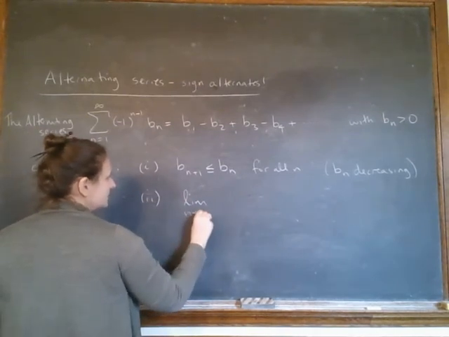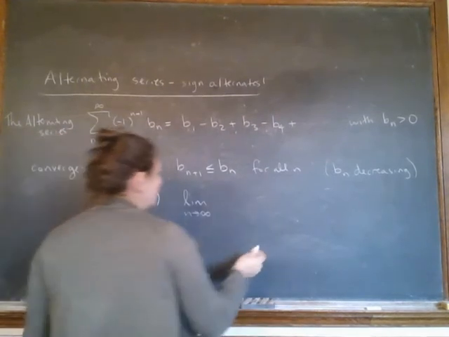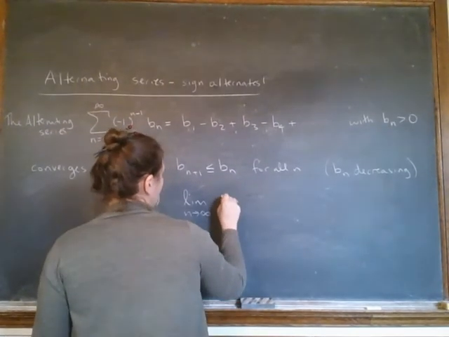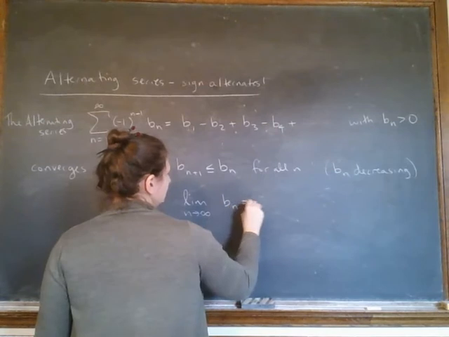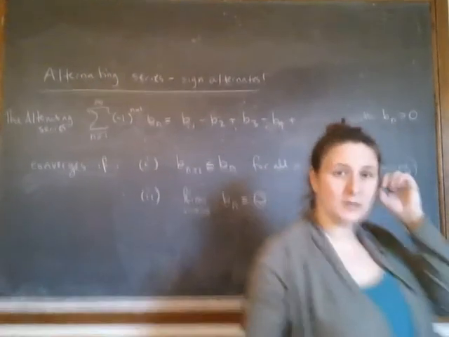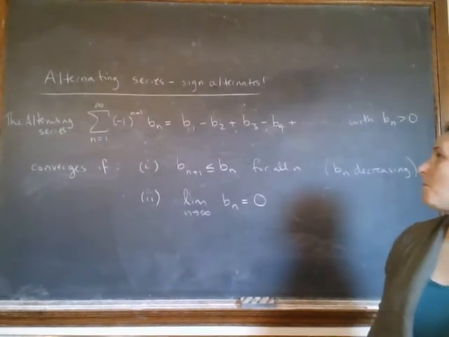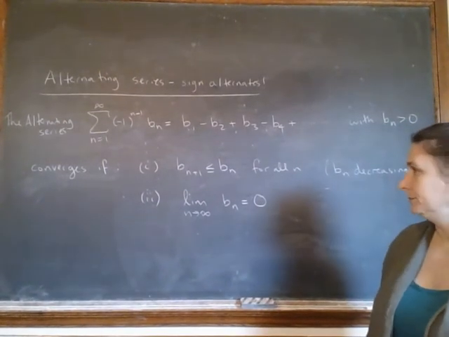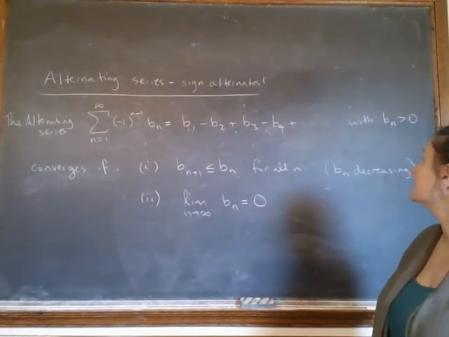Limit as n goes to infinity of b_n equals 0. So there you have it. That's the alternating series test.